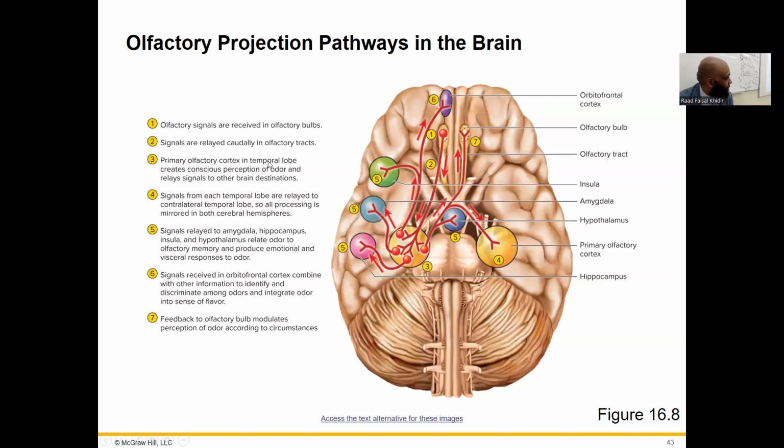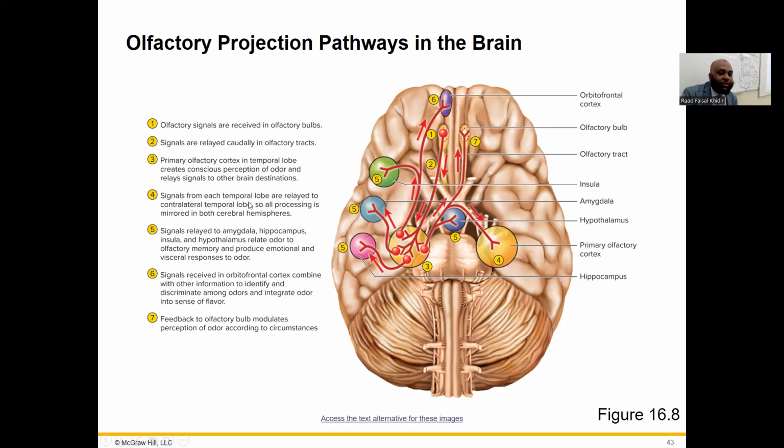Remember, we have a frontal lobe, and we have the occipital lobe, and we have a temporal lobe. So your olfactory center for deciphering olfaction is found in the temporal lobe, and that is going to create a conscious perception of the odor, and relay the signals to other parts of the brain.